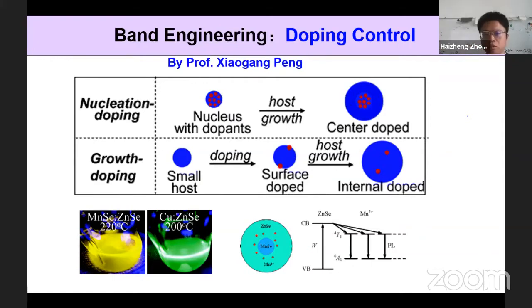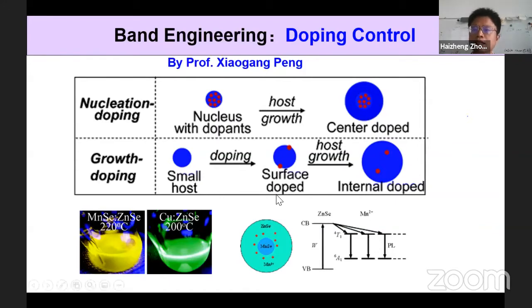In quantum dots, doping enables the possibility to further tune the emission of quantum dots. For example, if we dope manganese into zinc selenide, you achieve yellow emission. If we dope copper ions into zinc selenide, we achieve green emission.